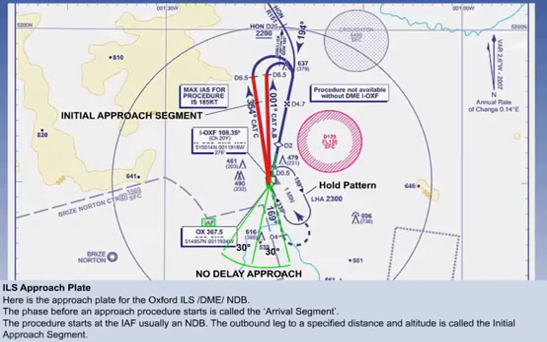The procedure in Oxford requires the aircraft to fly outbound from the NDB on a track of either 001 degrees for a light aircraft or 354 degrees for a jet, to a distance of 6.5 nautical miles. This phase of the flight is called the initial approach segment.